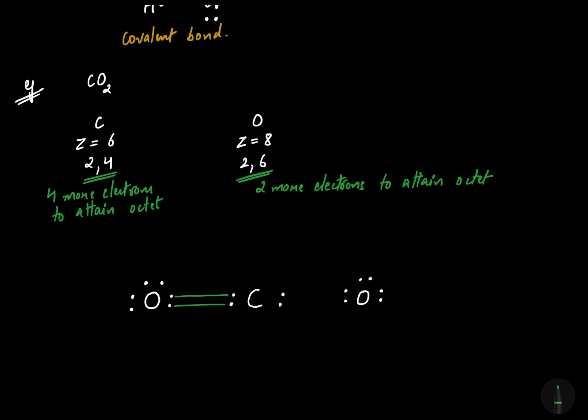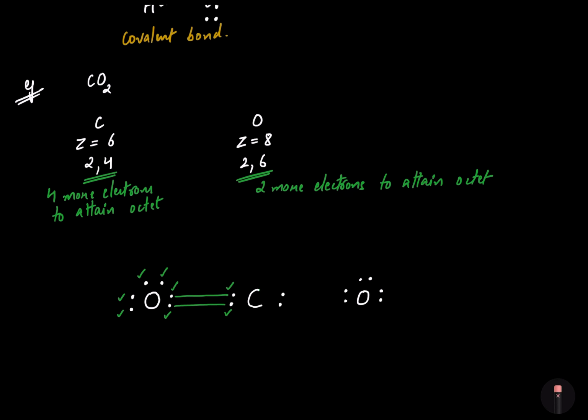Now, let's count the valence electrons of oxygen after sharing electrons with carbon. 1, 2, 3, 4, 5, 6, 7 and the 8. As carbon has shared its 2 electrons with oxygen and oxygen needs only 2 electrons to attain octet, the first oxygen has attained a total of 8 electrons. That's, the first oxygen has attained the octet and has become stable.